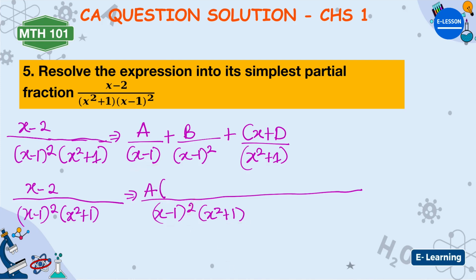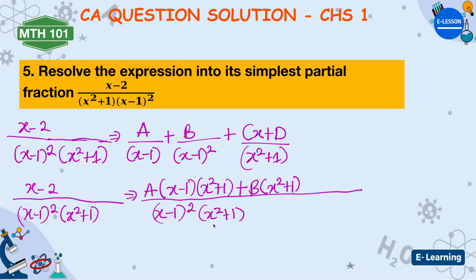So what we are going to be left with here will be what? A bracket. When we divide it by this, one square will go. So we'll be left with what? (x minus 1) bracket what? x squared plus 1. Plus, if this divides this one here, it will cancel this. So what are we left with? x squared plus 1 multiplied by B, because you multiply by what you have there. So this will give us x squared plus 1.